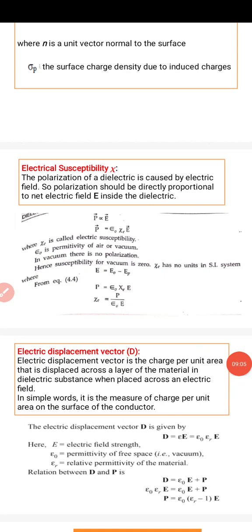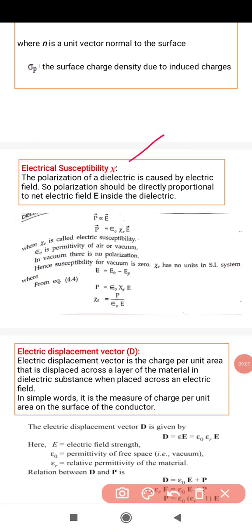Next we see electrical susceptibility. It is represented by the Greek letter chi. The electrical susceptibility of the material is obtained when the polarization of the dielectric is caused by the electric field.